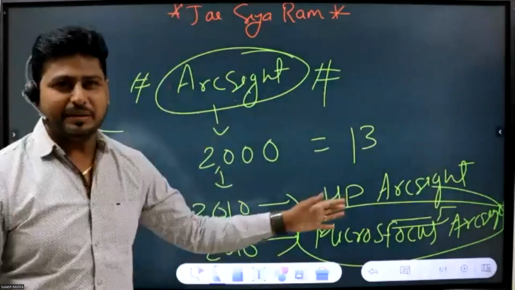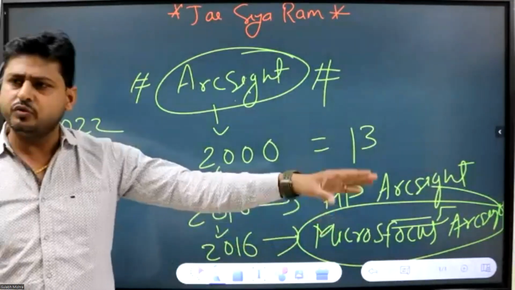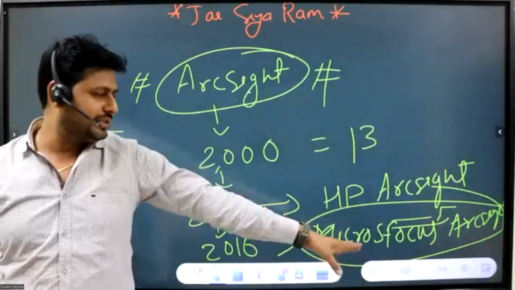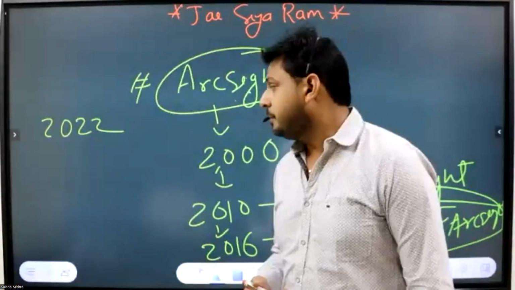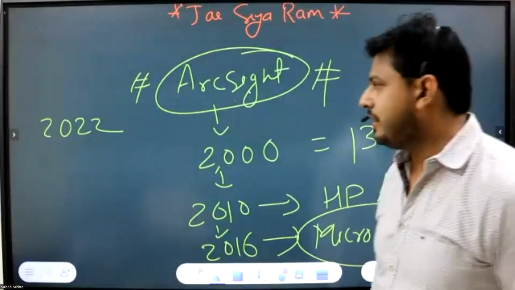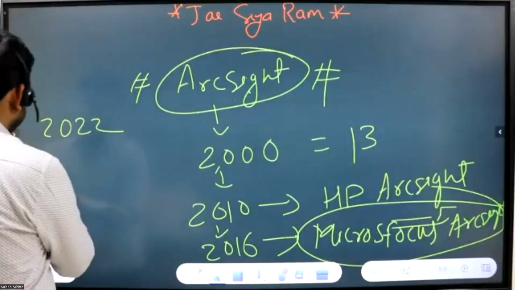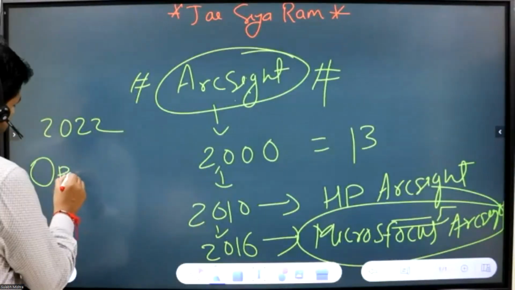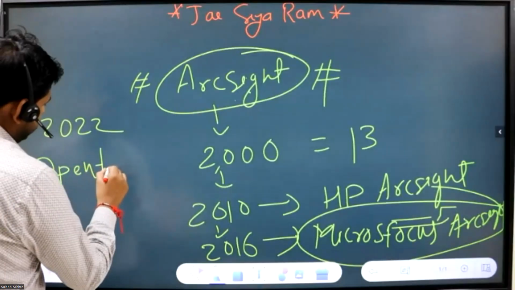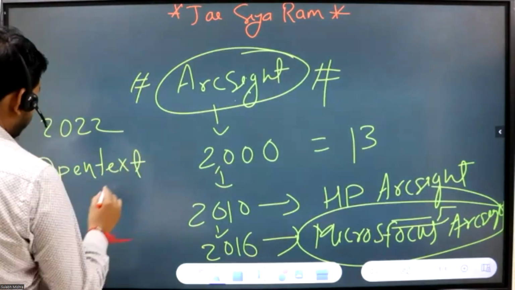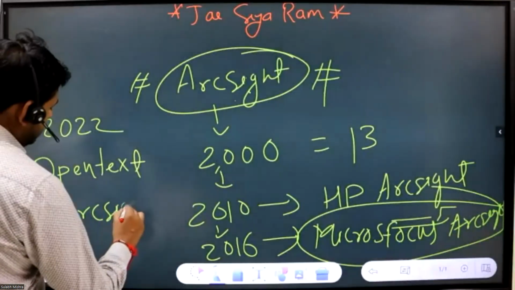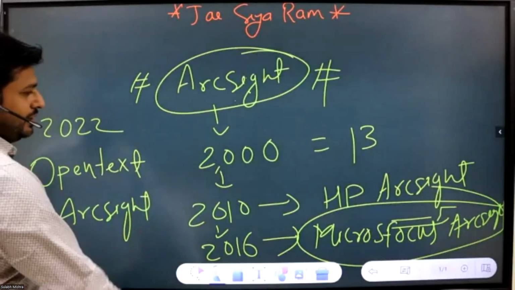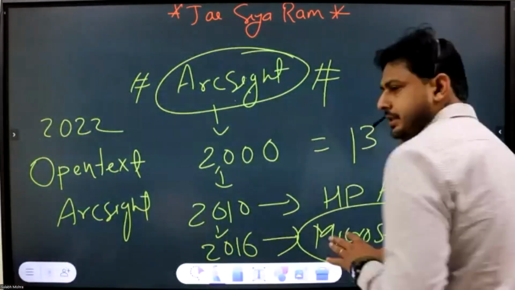Micro Focus had many other products apart from Arcsight, but the company itself was bought by OpenText in 2022. So now Arcsight is OpenText Arcsight. But many people are not aware and still call it Micro Focus Arcsight or HP Arcsight.